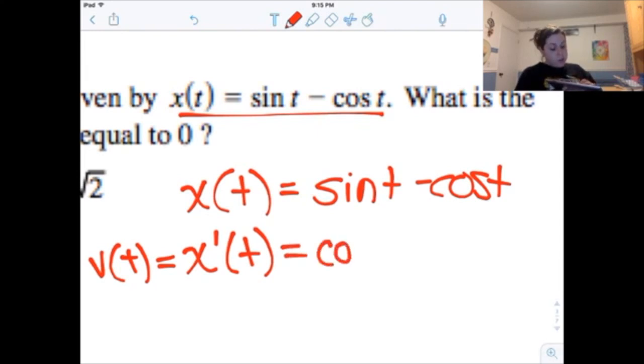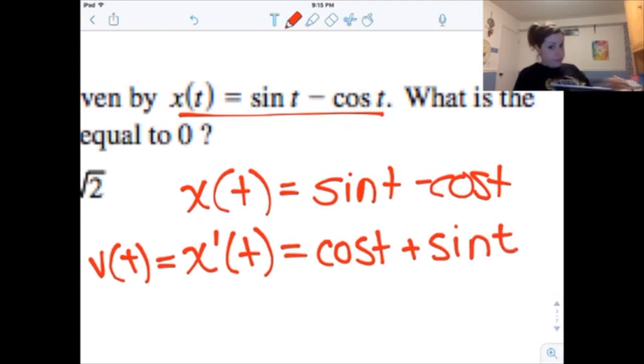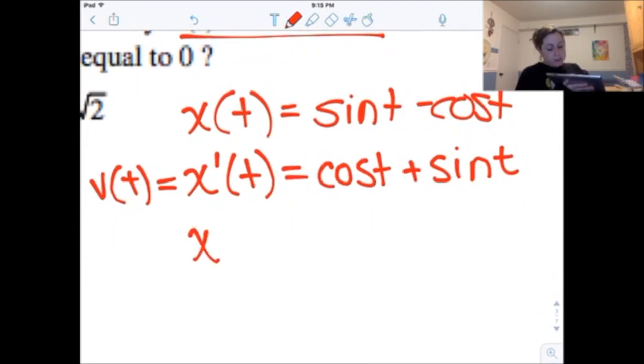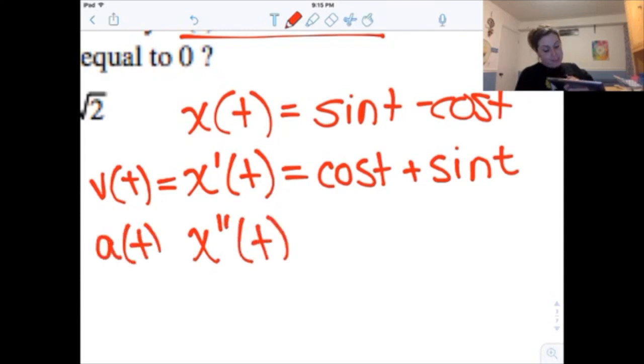So derivative of sine is cos, derivative of cos is negative sine, so that would be the first derivative. And the second derivative, which you could define as a of t, again, you're making that up, you need to define it, would be derivative of cos is negative sine, derivative of sine is cosine.